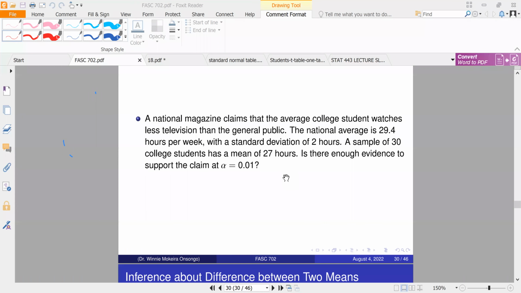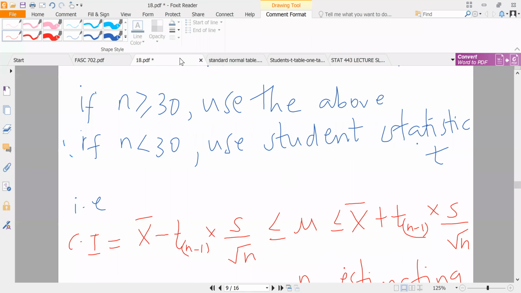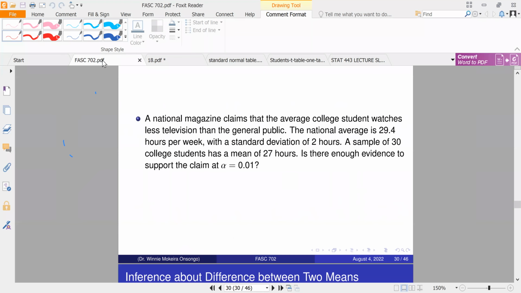We are told that the national average in terms of hours that people take to watch television is 29.4 hours with a standard deviation of 2 hours.